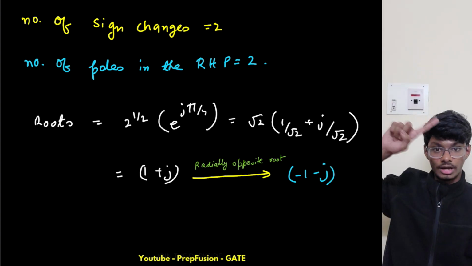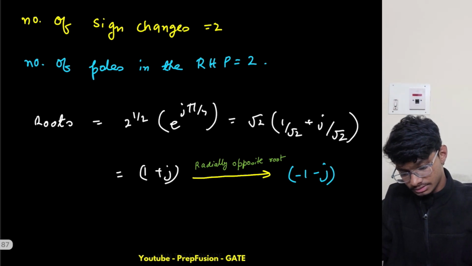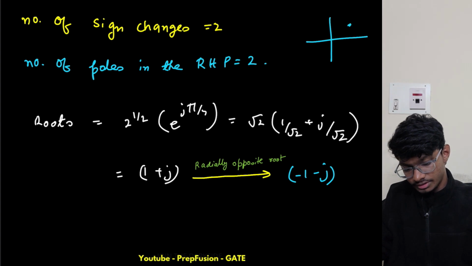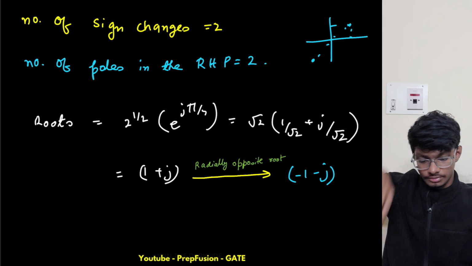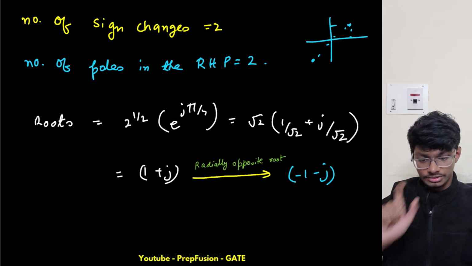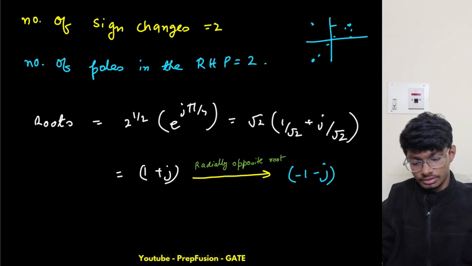I hope it's absolutely opposite, right? So this is lying somewhere along 1 plus j, and this will be absolutely opposite of the radius, symmetrical about the origin, right? So this will be here.